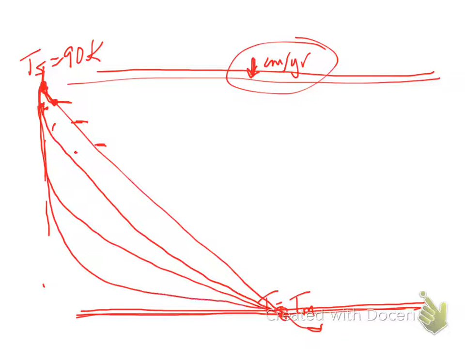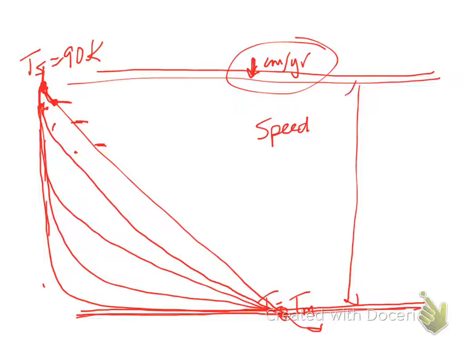So a steady state advection problem is going to be our curved solution, and the curvature will depend on the speed and the thickness and the thermal properties of the conductivity.